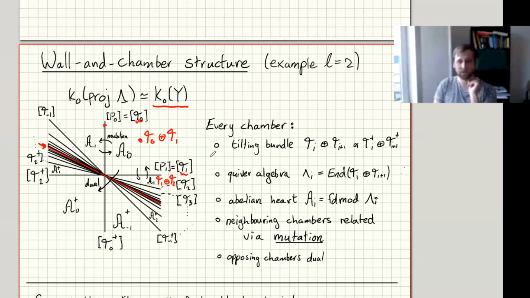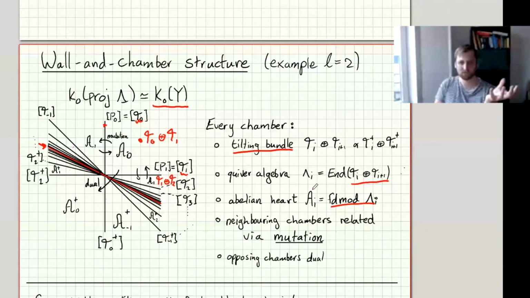And so for every chamber we have a tilting bundle, its endomorphism algebra, so some sort of quiver algebra. And then the finite dimensional modules over that give us some abelian heart of some t-structure in the derived category. And yeah, these different hearts are related by functors, by some sort of mutation functor.